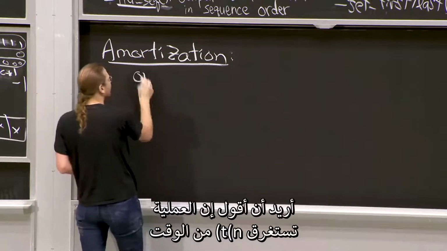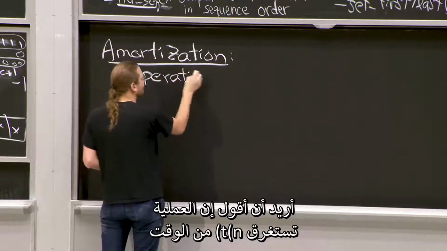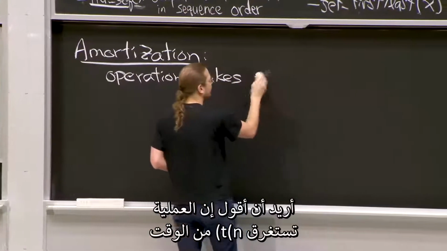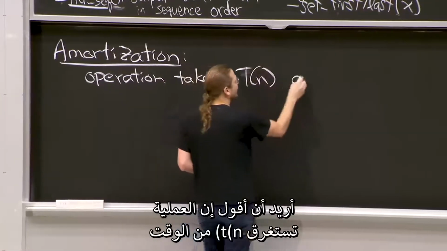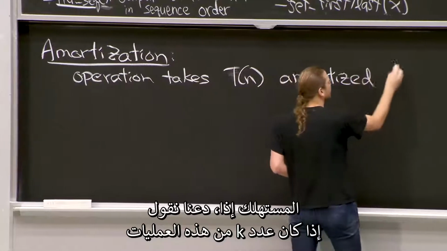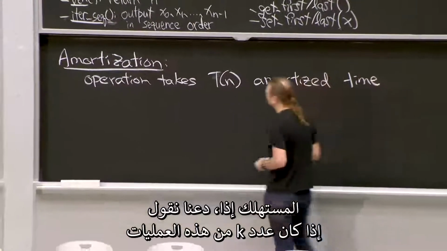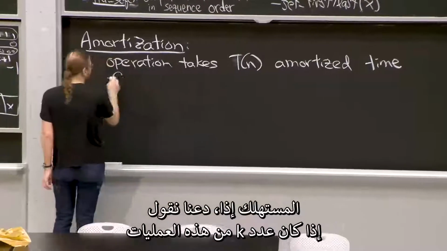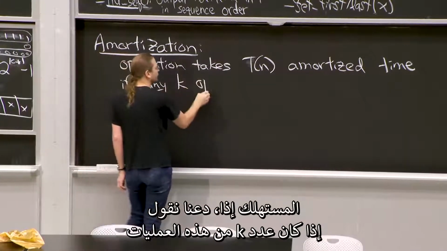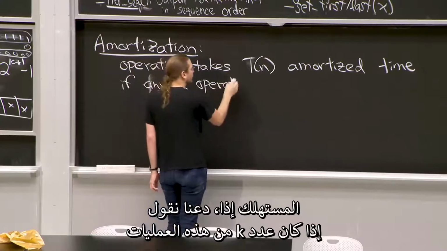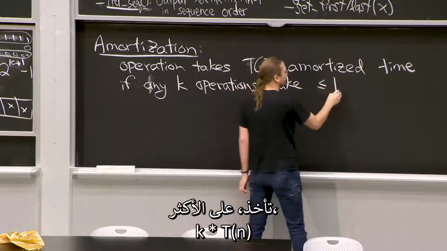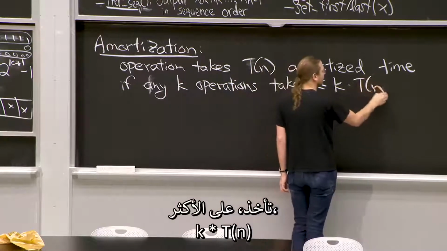So I want to say an operation takes t of n amortized time if, let's say, any k of those operations take at most k times t of n time.